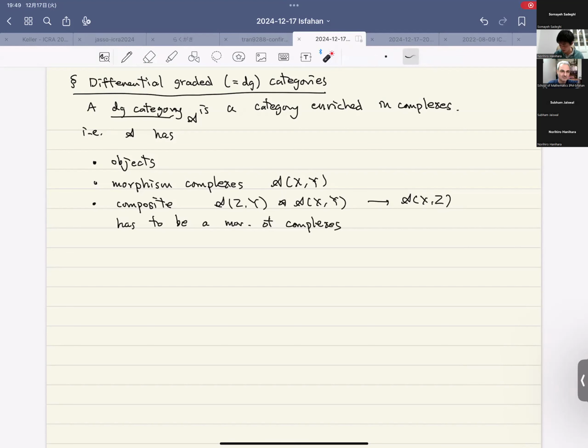Which means that it should commute with the differentials of this thing and this thing. If you remember the differential of the tensor product of complexes, it is d tensor 1 plus 1 tensor d. If you write this commutativity down, then it will become like this: the differential of the composite should be dg circle f plus minus 1 to the degree of g times g circle df. So it is nothing but the Leibniz rule.